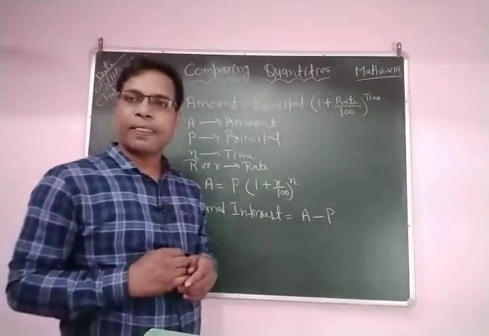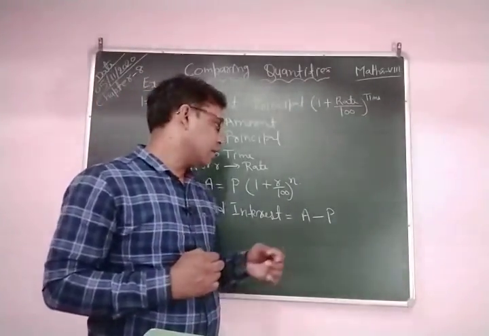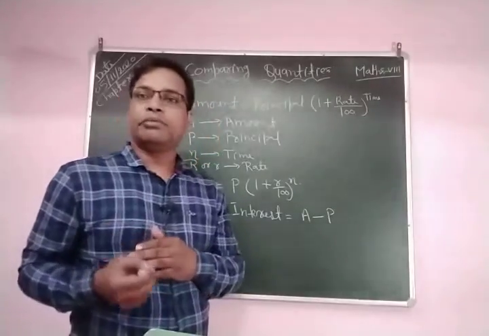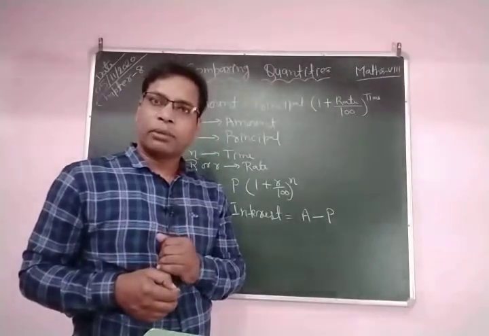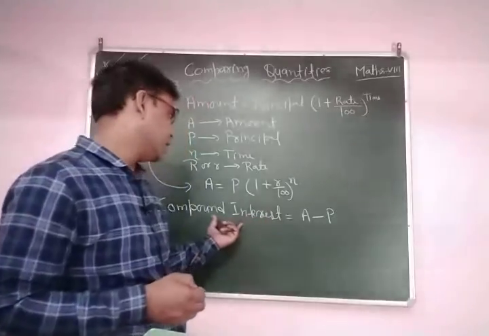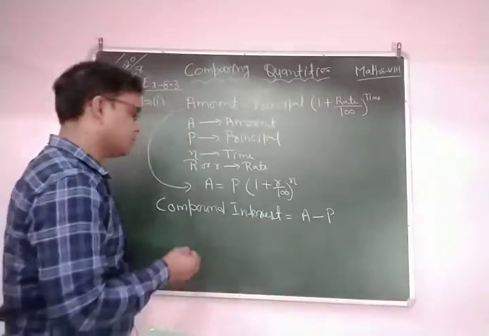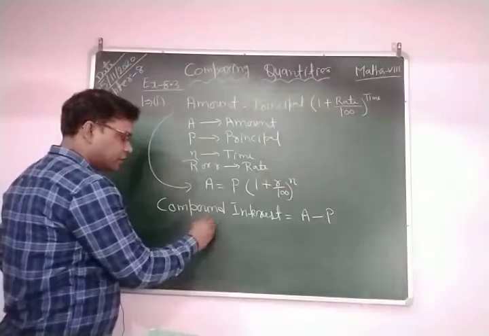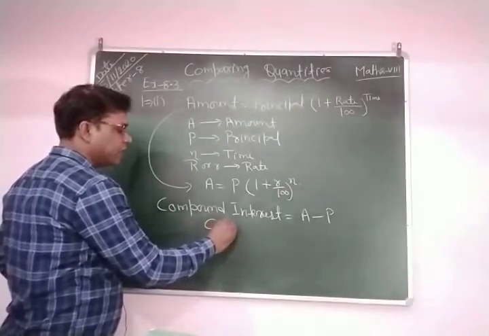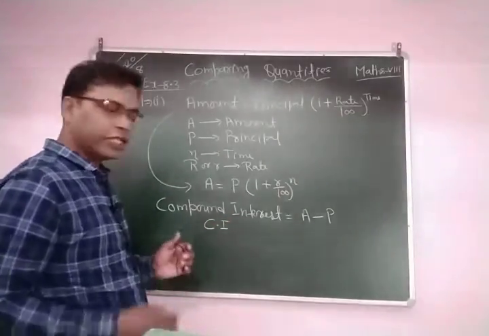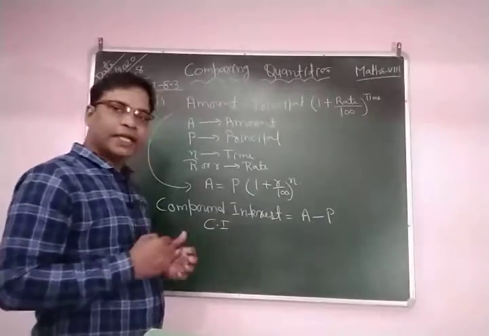So first we find the amount, and then if we subtract principal from amount, we obtain the compound interest, which we can write as CI.